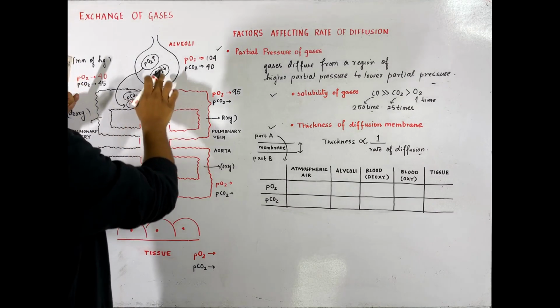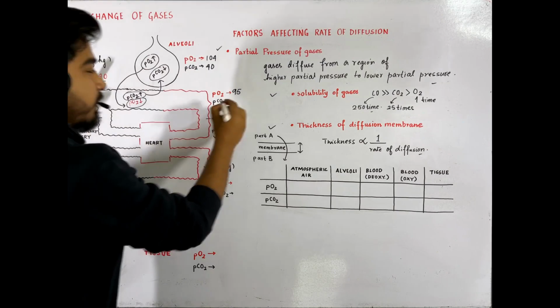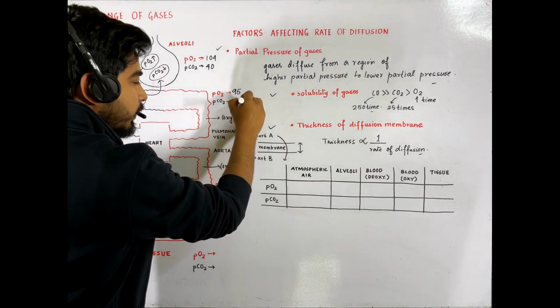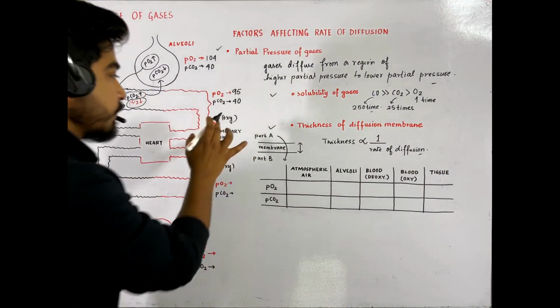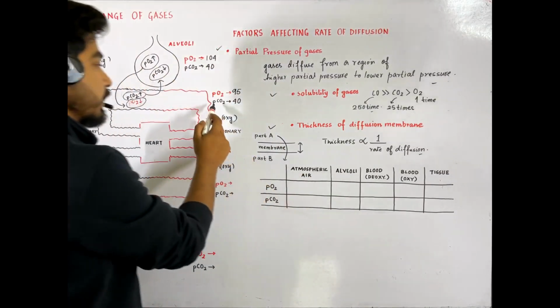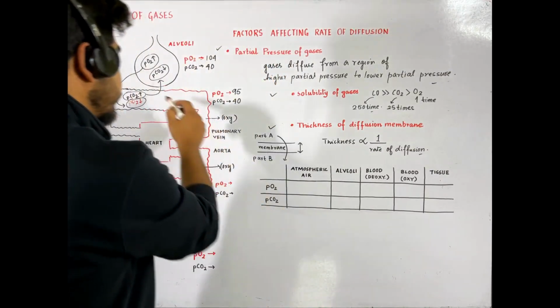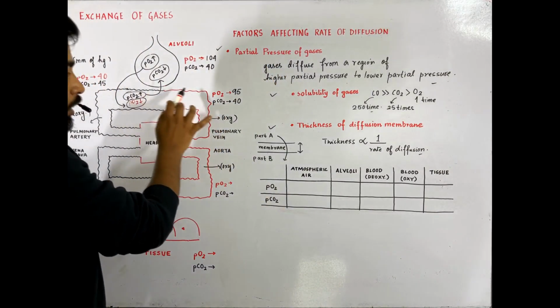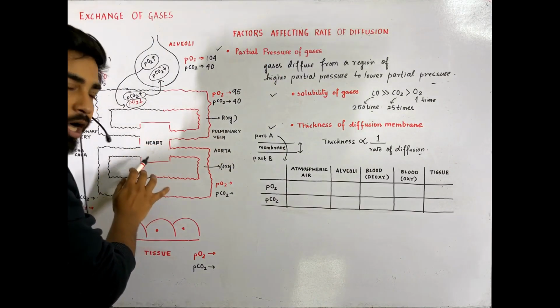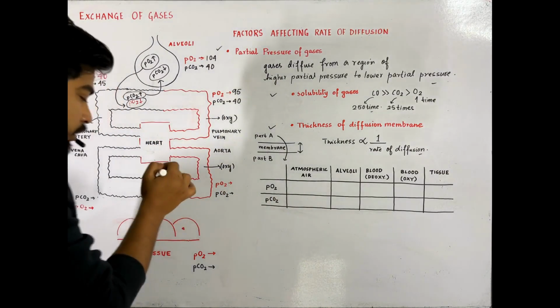Carbon dioxide was expelled, so 45 became 40. So in oxygenated blood, the partial pressure of oxygen is 95 and the partial pressure of carbon dioxide is 40. Now this blood will travel through the pulmonary vein, enter the heart, and then from the aorta it will travel to the tissues.